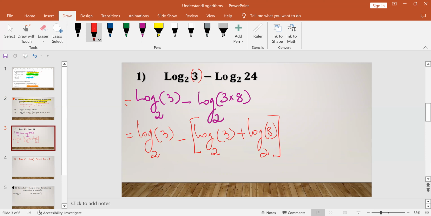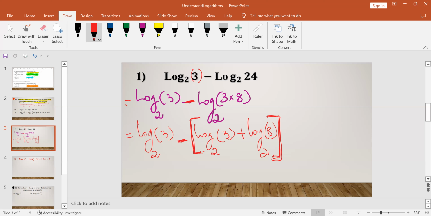That's why we break it down as logarithm of 3 plus logarithm of 8. To avoid mistakes, I use this square bracket because of the negative sign. The negative sign before the log means that if you break it down, that negative sign will be distributed to everything in the square bracket.